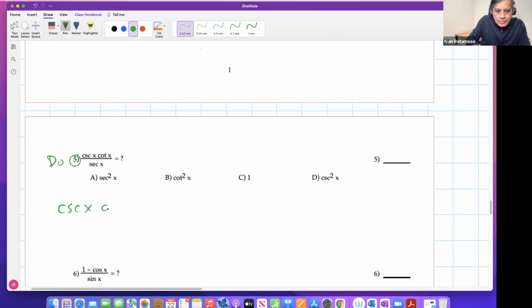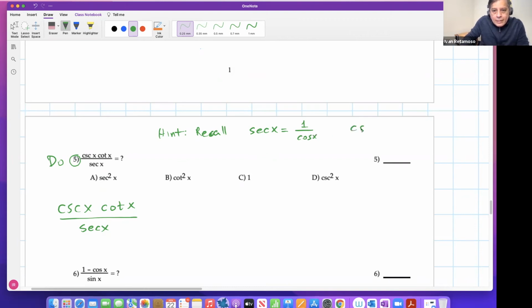Cosecant of x multiplied by cotangent of x, all divided by secant of x. Hint, recall that secant of x is 1 over cosine of x, right?